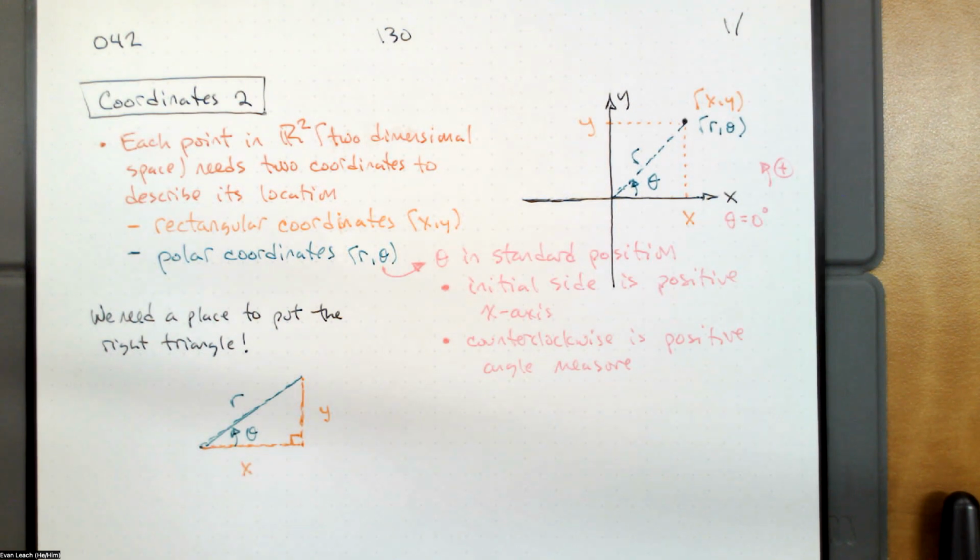Now we're going to have to figure out what happens if theta goes past 90 degrees. For this, we're going to introduce the concept of the reference angle. We're going to want theta to connect to the x-axis. If theta is over in the 2nd or 3rd quadrants, we're going to drop down to the negative part of the x-axis. This is not in standard position.